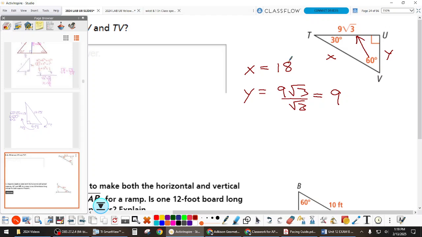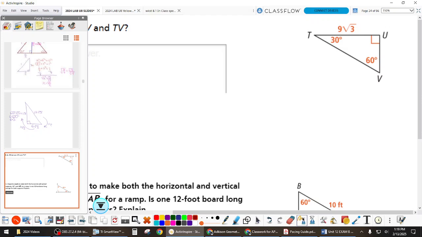Real quick, I'll put this back, but if that's all I gave you, could you solve this with the Pythagorean theorem? How come? Yeah. There's too many variables we don't know about.